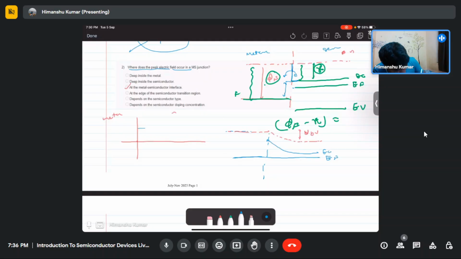Here the positive charge will be there. If you move this, it will be like this. Here the positive charge will be there, and here a spike kind of charge, because inside the metal the field is zero.